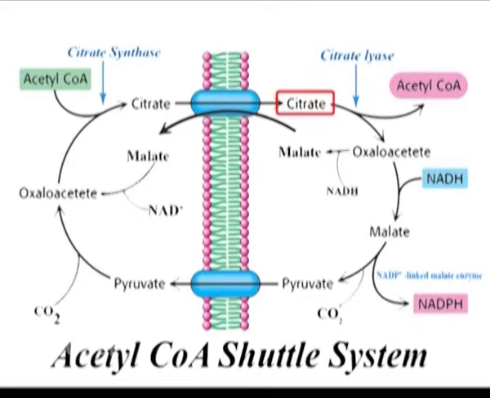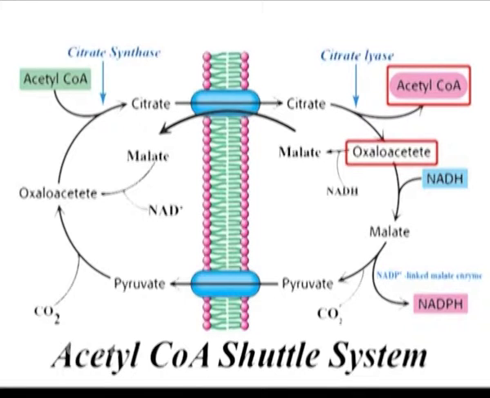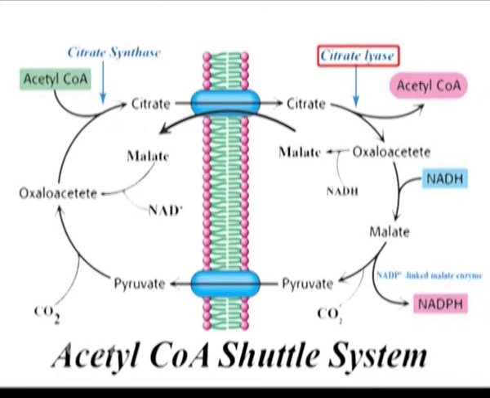In the cytosol, citrate is converted into acetyl-CoA and oxaloacetic acid, which is catalyzed by citrate lyase with consumption of 1 ATP molecule and coenzyme A as cofactors. Then, the oxaloacetic acid formed is reduced into malate by NADH-dependent cytosolic malate dehydrogenase enzyme.